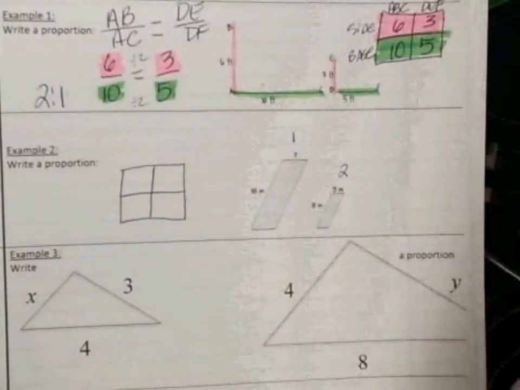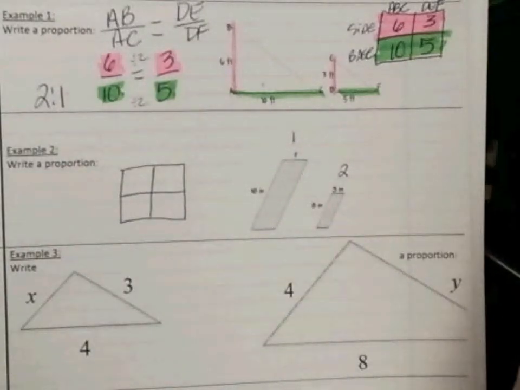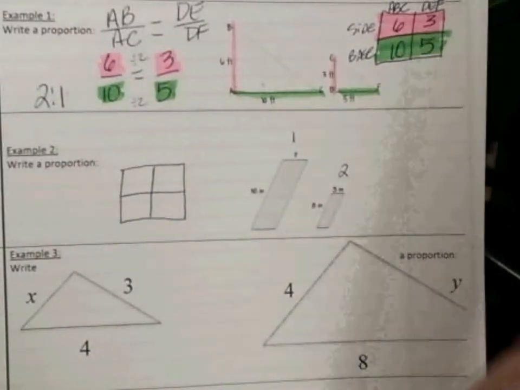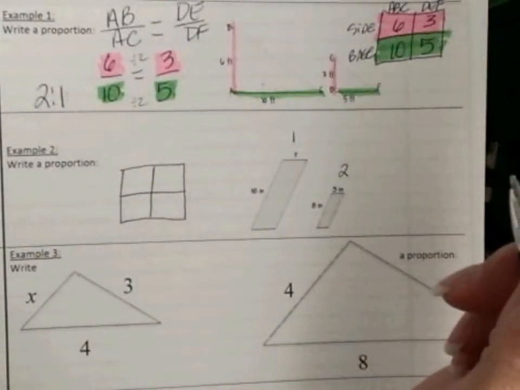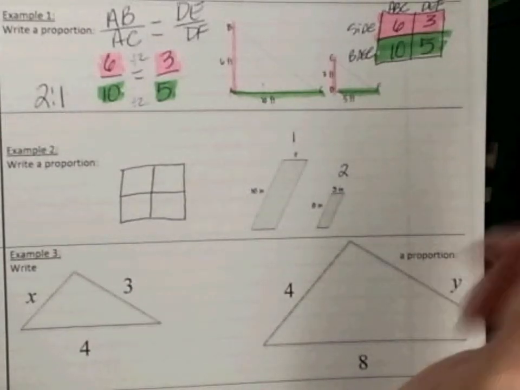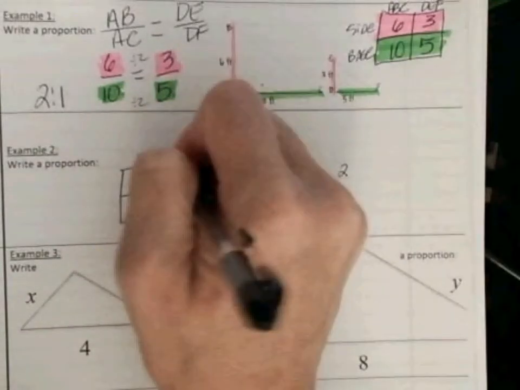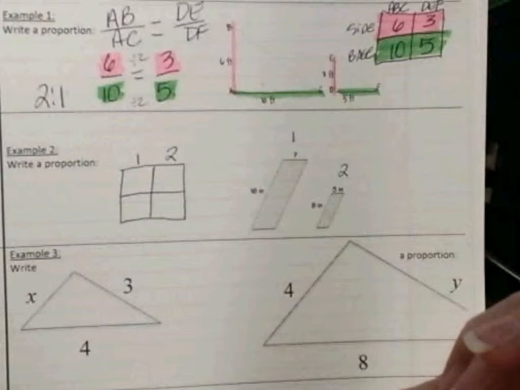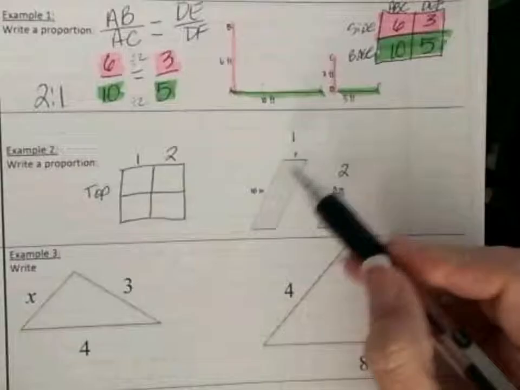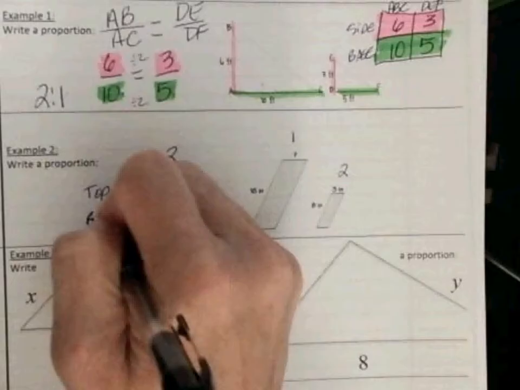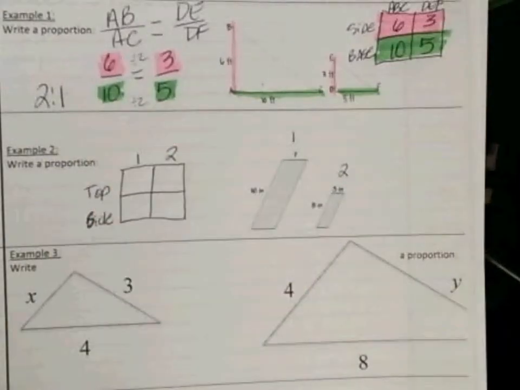With the two different color highlighters, you know this is 6, this is 3, 10, 5. It's just another way to visually keep you straight. Okay, let's move down to example 2.